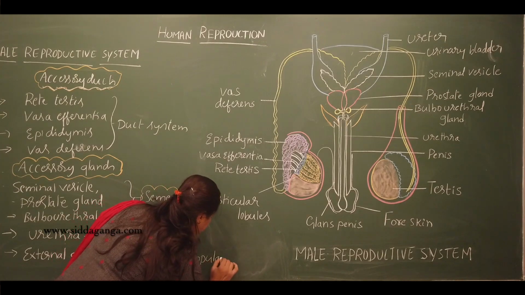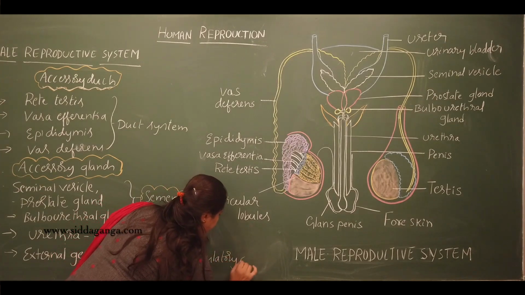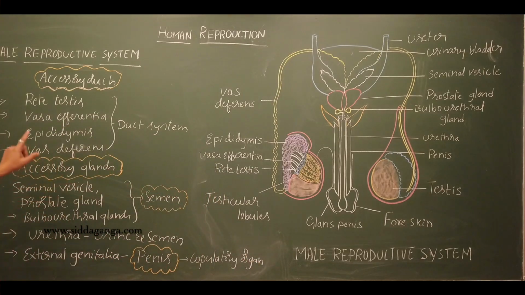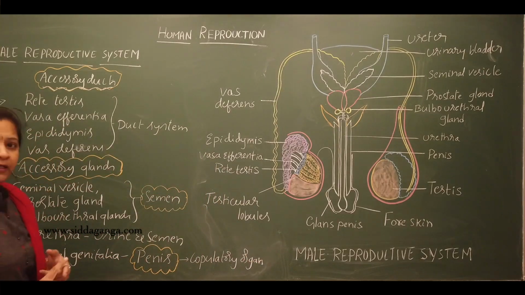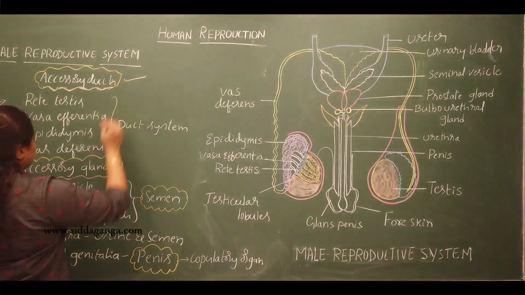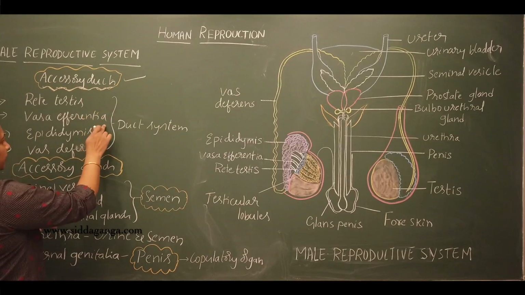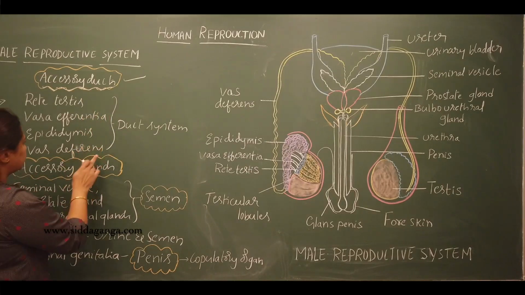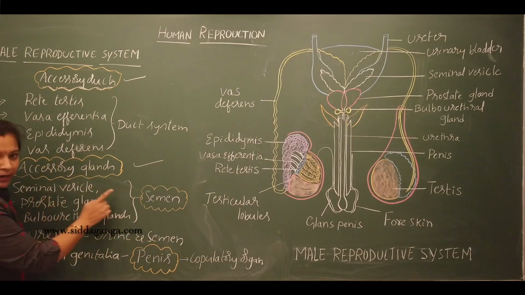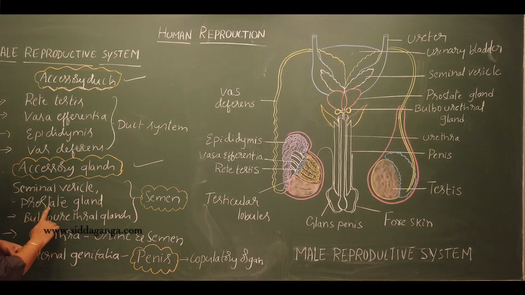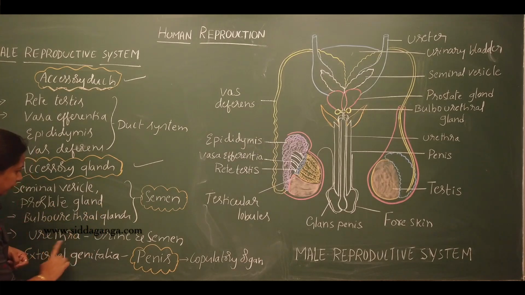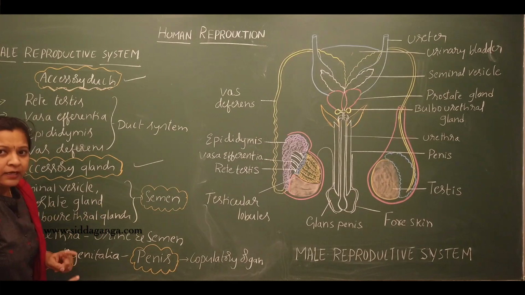All these are the secondary sex organs: the accessory ducts, which include rete testis, vasa efferentia, epididymis, vas deferens, and the accessory glands, a pair of seminal vesicles, a single prostate gland, bulbourethral glands, urethra, and the external genitalia.